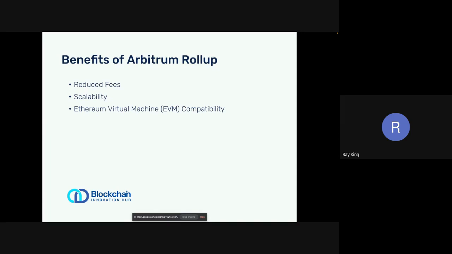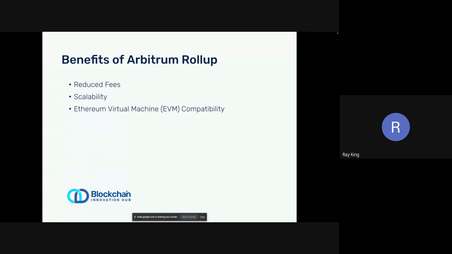Now, in terms of the EVM compatibility, it can be used with Ethereum. The EVM is like a virtual machine where Ethereum can connect to other solutions. So it's compatible with Ethereum and can be used to build your solutions or your decentralized applications.